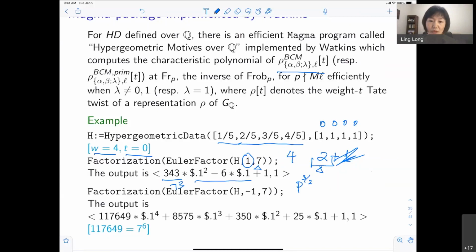However, if you change your fiber, if you change lambda to -1, it's going to be the generic case. What you will get will be 4-dimensional. And again, you can look at the corresponding absolute value, and it is the correct absolute value as well.